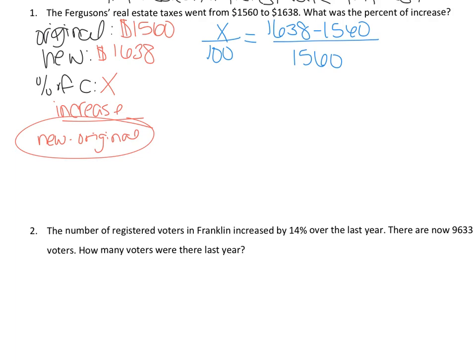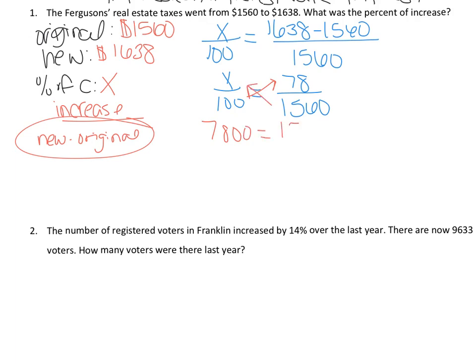So I need to subtract 1,638 and 1,560, so we'd have x over 100 equals, and when you subtract those, you get 78 over 1,560. And whenever you have your proportions simplified, multiply up and across. 100 times 78 gives me 7,800.